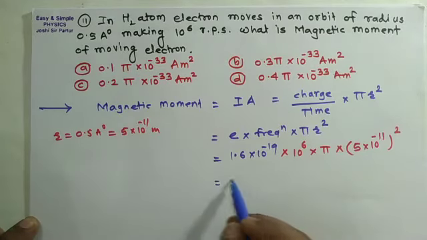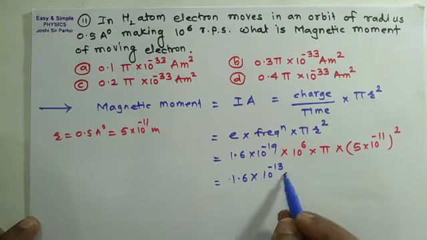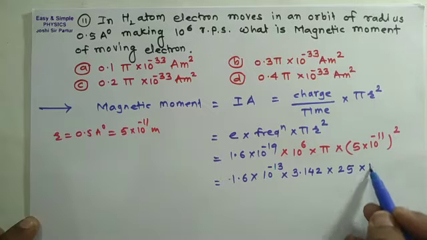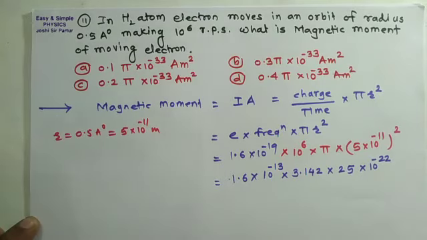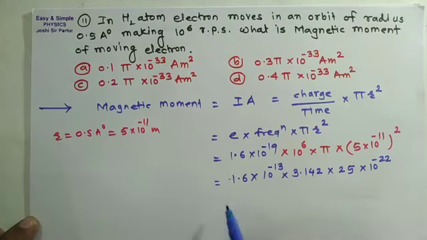So here we can write 1.6 multiplied by 10 to the power minus 13 multiplied by 3.142 multiplied by 25 into 10 to the power minus 22. So minus 22 and 13, it becomes 25 into 6, that is 150, 15 is remaining. 25 into 1 is 25 plus 15, it will be 400.